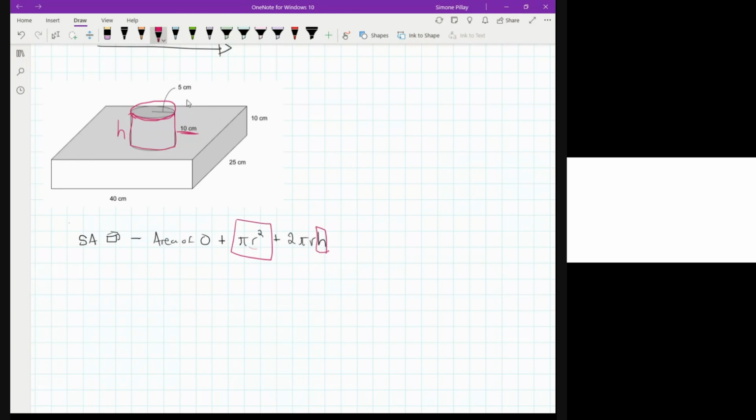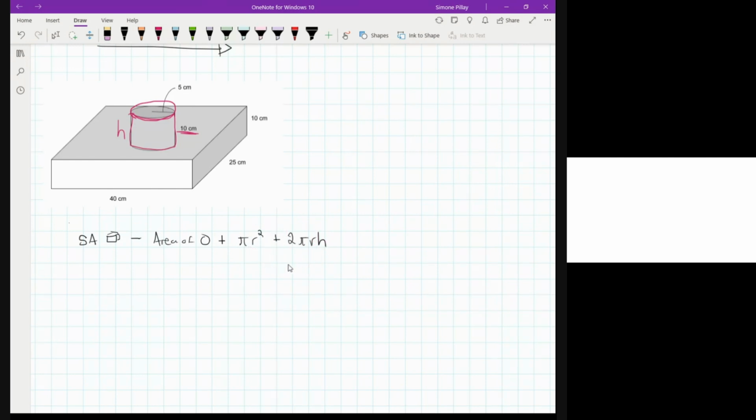So that length of the rectangle is going to be equal to the circumference of the circle, and that is where I got my 2 pi r from. Okay. Thank you.